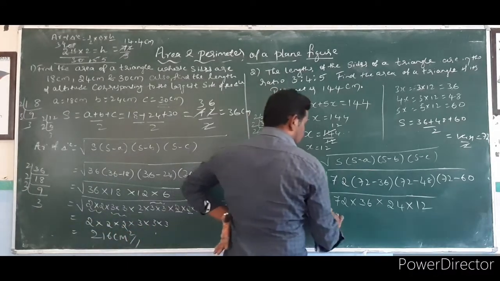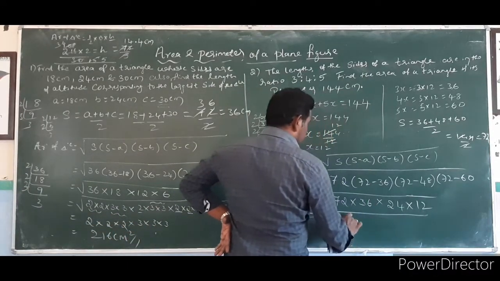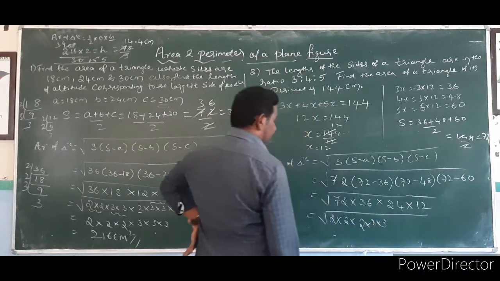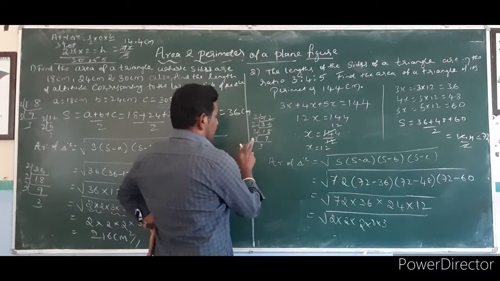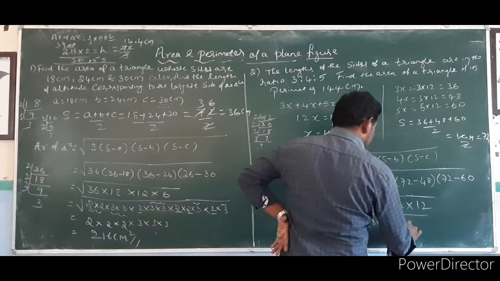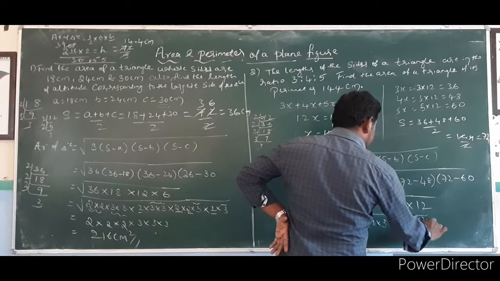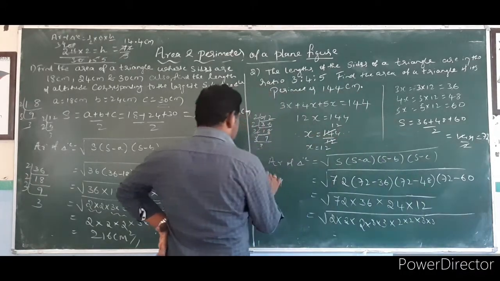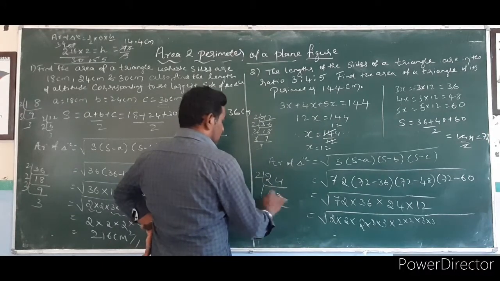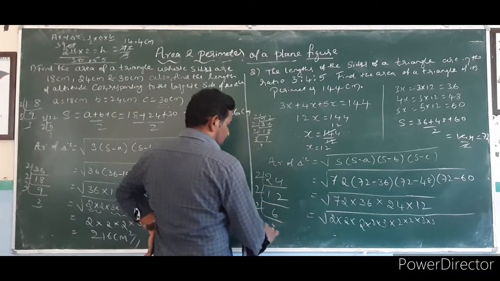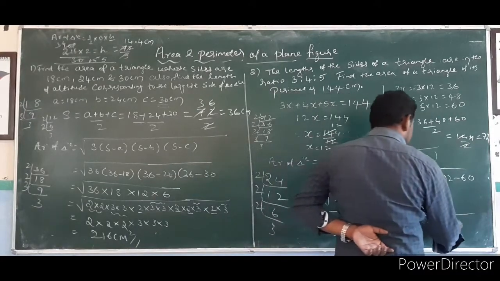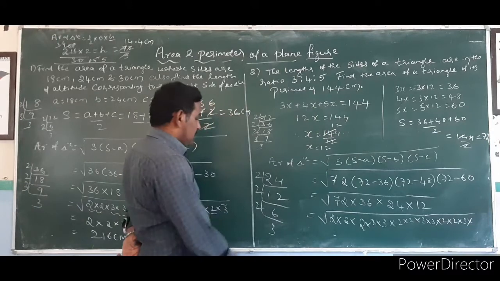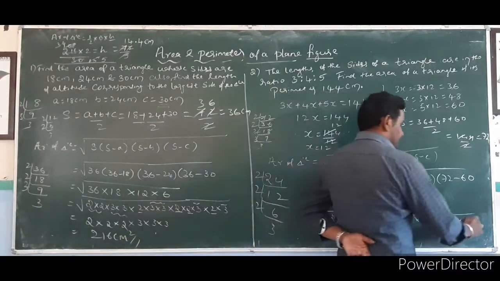That is 2 into 2 into 2 into 3 into 3. 36 means 2 into 2, 3 into 3. 24 means 2 1s are, 2 2s are, 2 6s are, 2 3s are, 2 into 2 into 2 into 3. 12 means 2 into 2 into 3.